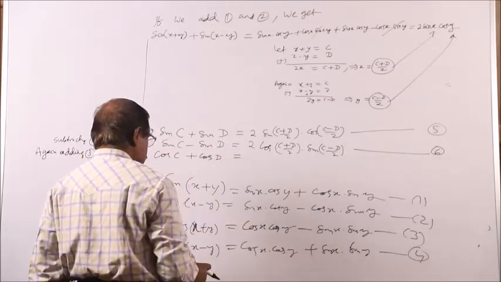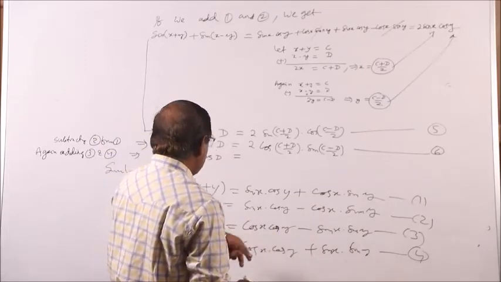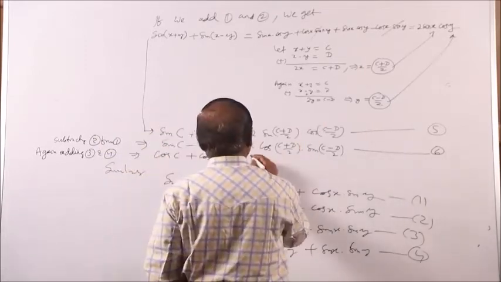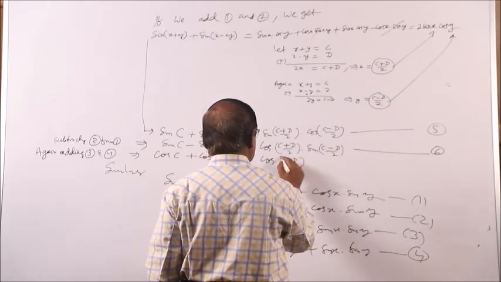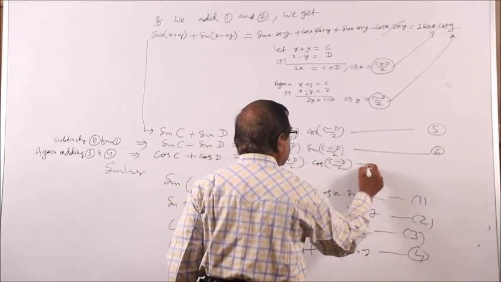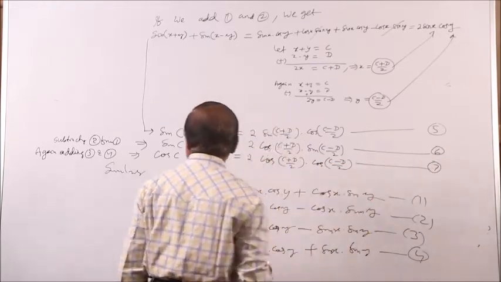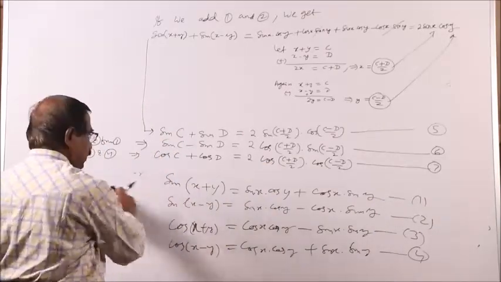If I add this, these two will go. What will remain? 2 cos x into cos y, that will be 2 cos((c+d)/2) into cos((c-d)/2). This is formula 7.